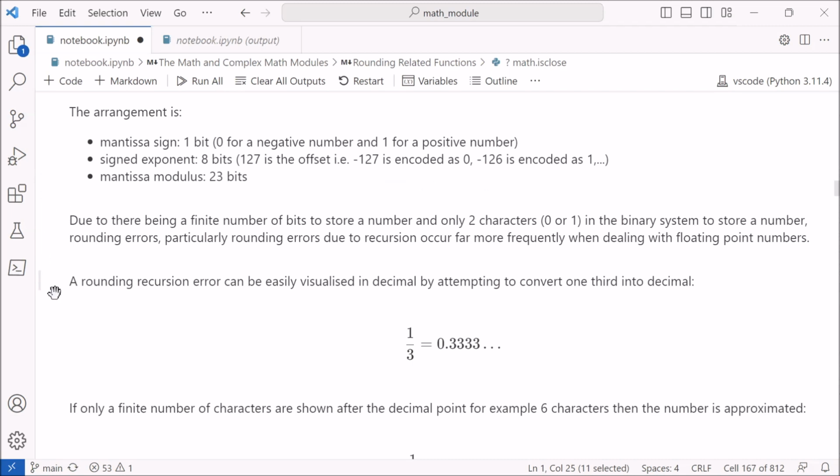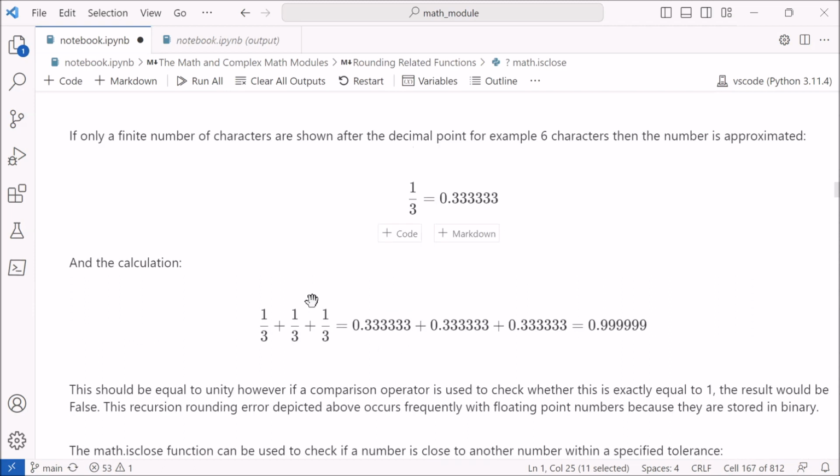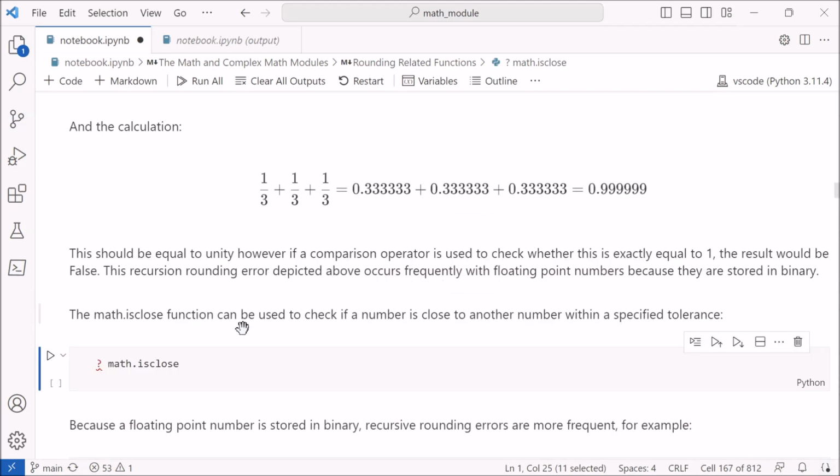However, since you're used to the decimal system, we can conceptualize a recursive rounding error by the concept of a third. Basically this goes on forever, and because we've got a finite number of digits, we need to truncate it. So assuming we're going to use 6 digits after the decimal point, the effect of chopping off the trailing 3s rounds this down, and the calculation of a third plus a third plus a third will give you 0.999999 instead of 1.0, which it should be.